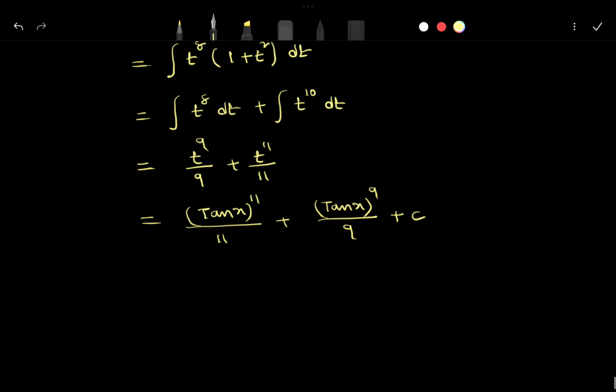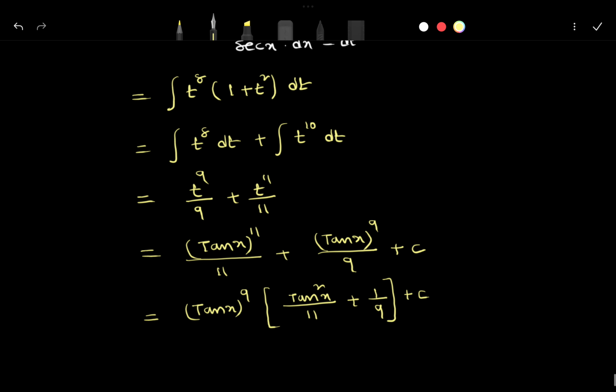If you want, you can write one more step: you can take tan x whole power 9 as common. If you take it common, this will be tan x whole to the power of 9 into tan x whole square by 11 plus 1 by 9 plus c. So this is your right answer.